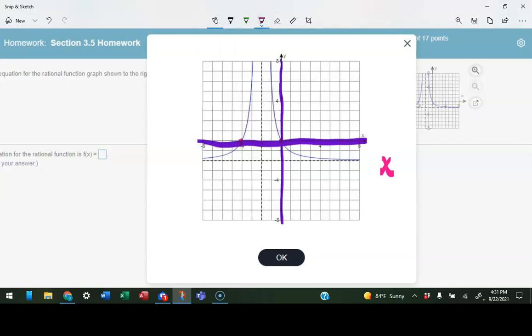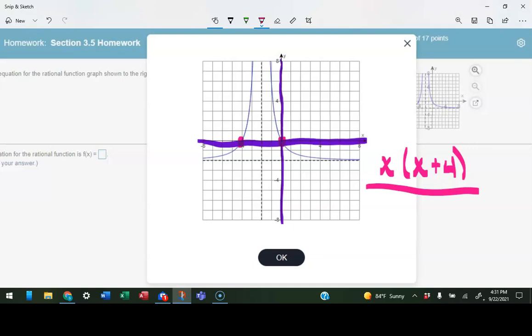So what I know so far is I've got this intercept at the origin, and so my intercepts are going to be reflected in the numerator. So I've got an x, and then I've got this one at negative 4, so I'll have an x plus 4 in my numerator. Okay? Well, now I need to look at my asymptotes.